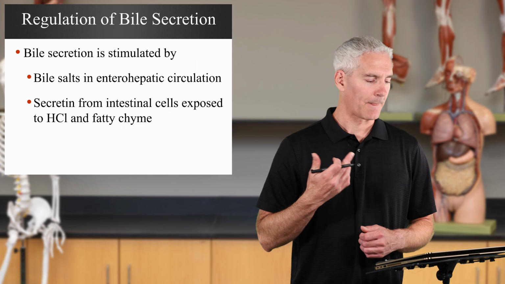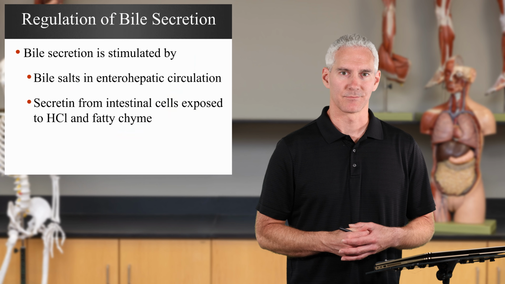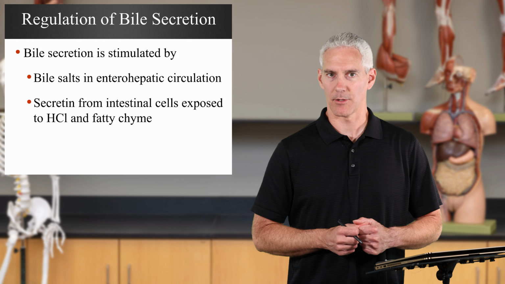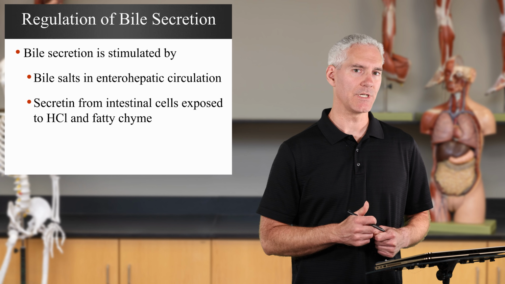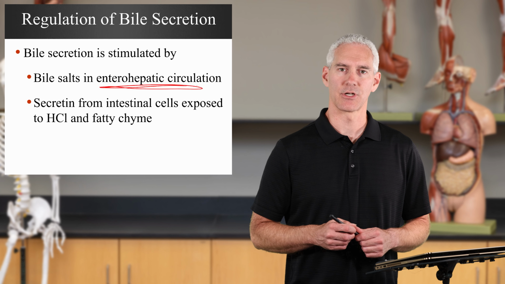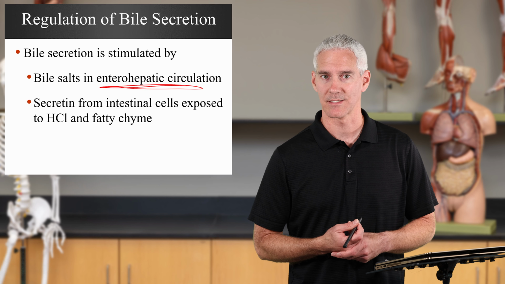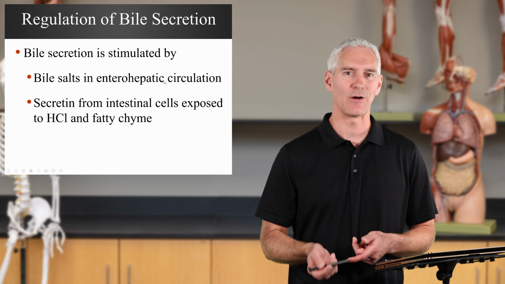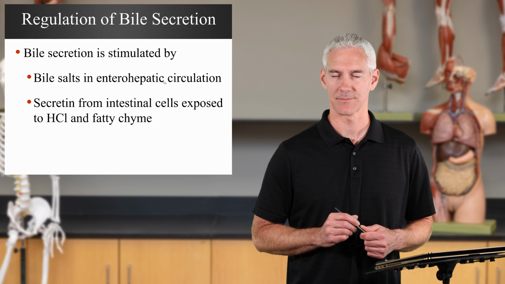All right, how do you regulate this? Well, there's bile secretion, and then there are also contractions of the gallbladder. Bile secretion is regulated by enterohepatic circulation, if you have bile salts present, but also by feedback mechanisms found inside of the small intestines.